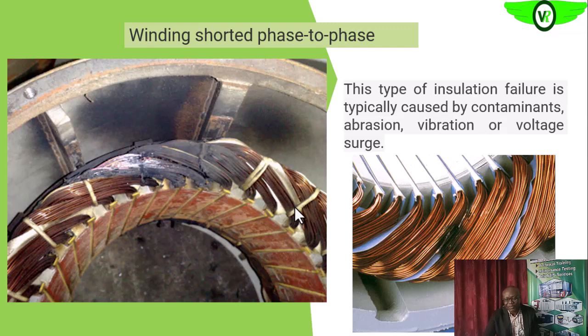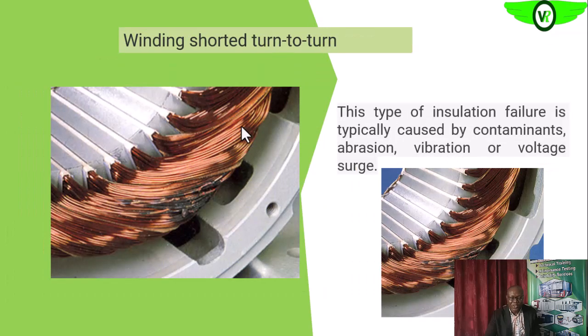So it is left for us to determine, as much as possible, the cause and prevent the motor from such failure in the future. Remember, we said that shorting can happen even within the same coil or winding. As you can see here, it is a turn-to-turn short.